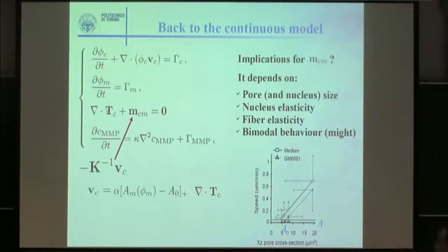So the velocity is proportional to the pore size of the ECM minus the critical pore size. This is the positive part, so that there is no motion when A0 is larger than this AM, and then this is the force that is exerted by the cell.